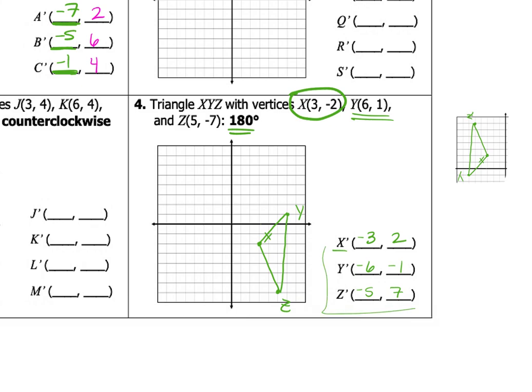Or you just plot these points or you rotate your paper. Okay? So -3, 2 is your x prime. -6, -1 is your y prime. And then Z prime is -5, 7. Okay, questions on that?